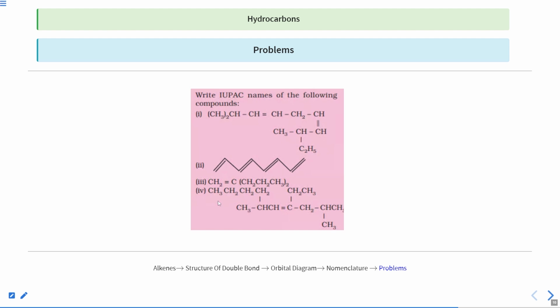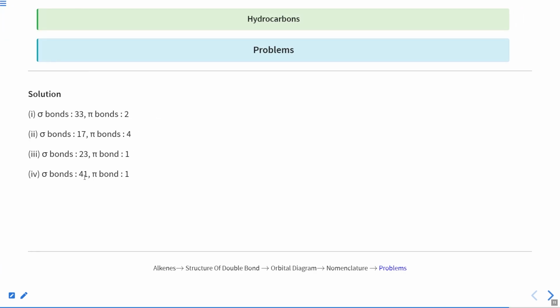What about carbon-hydrogen? Let us count all this. 29 here and 13 were there earlier. What is the number of pi bonds? It is 1. Okay. So that brings us to 41 sigma bonds and 1 pi bond.